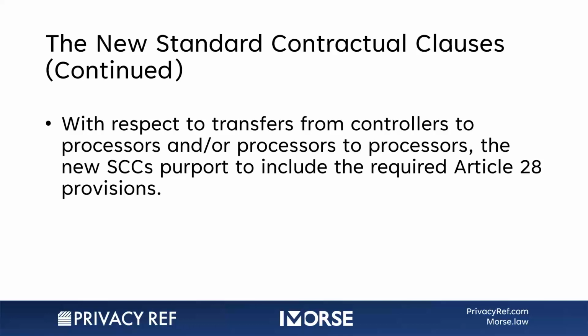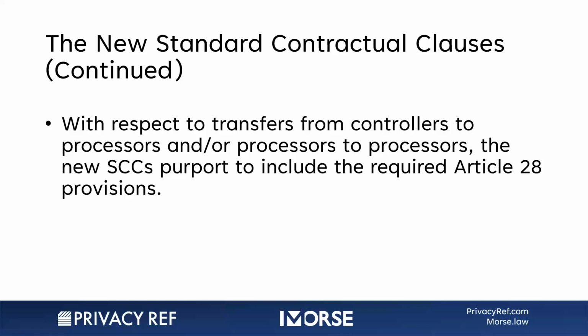So Article 28 requires that if data is shared with a processor, and perhaps it's useful just to explain, a processor is an entity that handles data solely to provide services or solely on behalf of the controller. And a controller is the entity that determines purposes and means of processing of the data. So the entity that gets to decide what happens with the data.